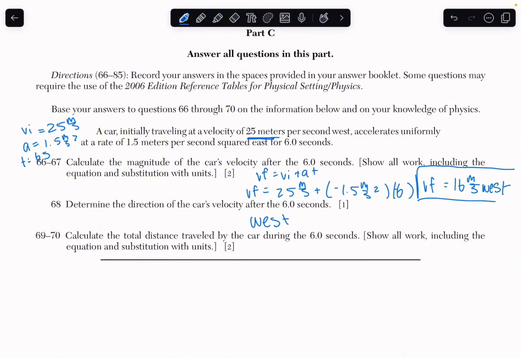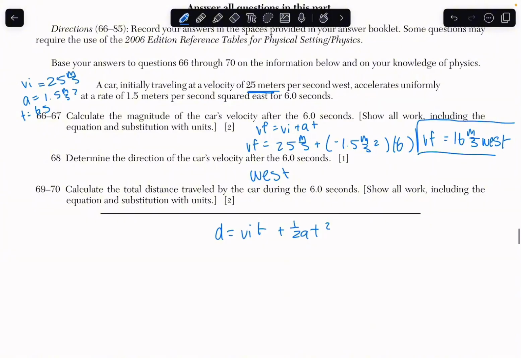For this, we're just going to use another kinematics equation since we have all the needed components. I'm going to use the equation D equals VIT plus 1/2 AT squared. So we're just plugging it in.